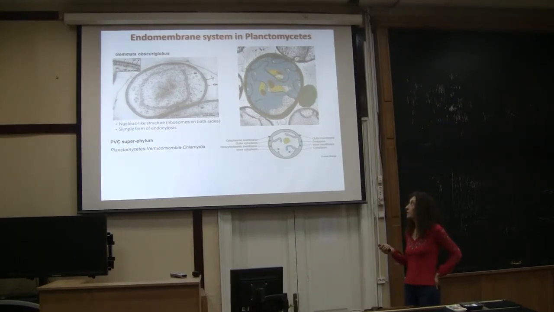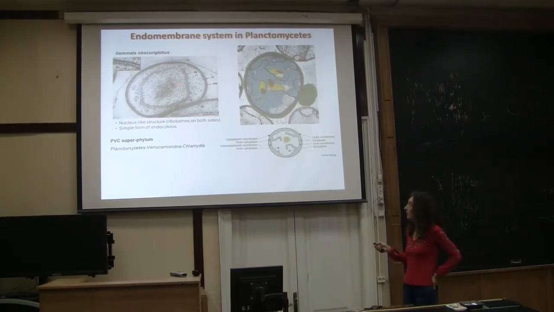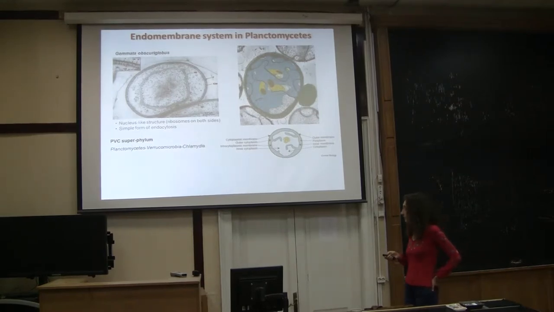It is not a true nucleus because there are ribosomes on the two sides of this endomembrane, but it resembles a nucleus, and there is a single form of endocytosis. So some people have proposed that this type of bacteria would be at the origin of eukaryotes.